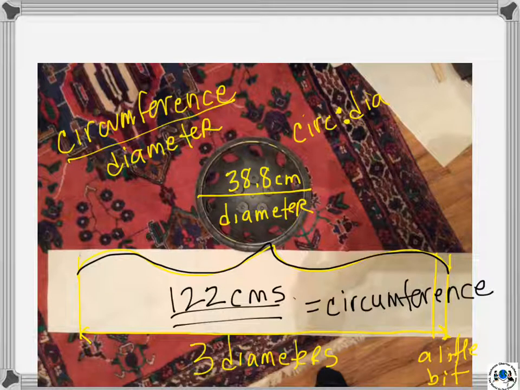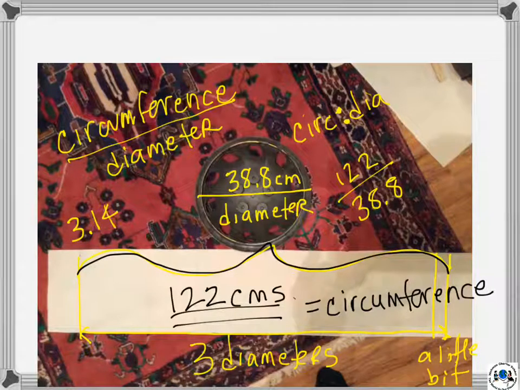Yeah, we're actually creating a ratio here. If you did that and you divided 122 divided by 38.8, and I did this already on my calculator here, I got 3.144329.